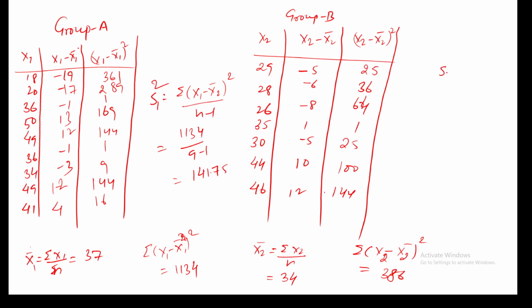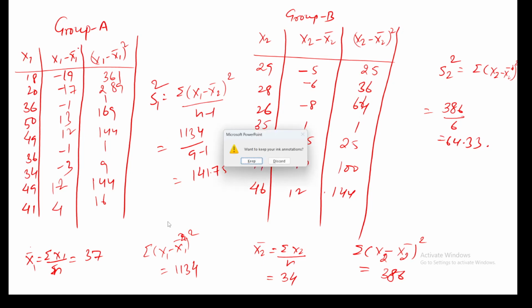Okay. From here we'll calculate S2 square. 386 upon 6, it will become 64.33. So we have S1 square greater than S2 square, so we will do one thing.